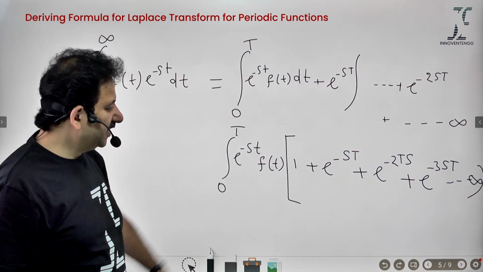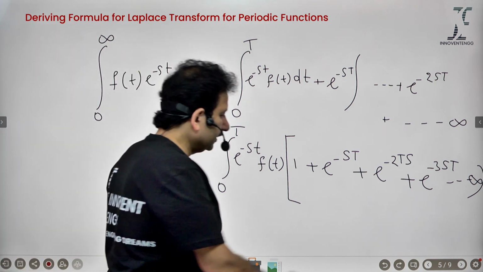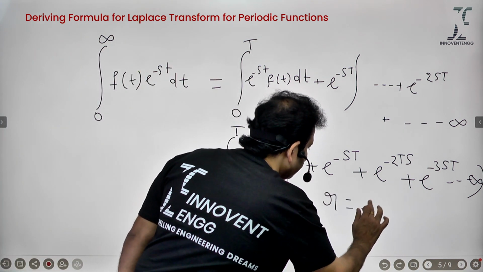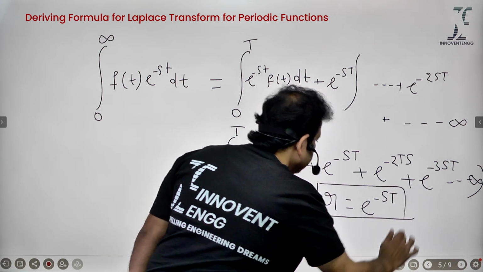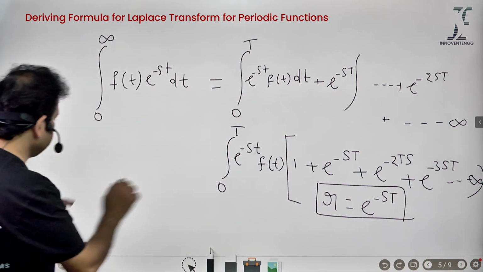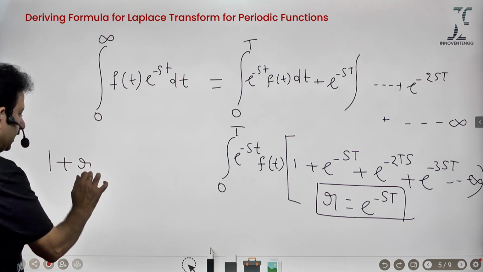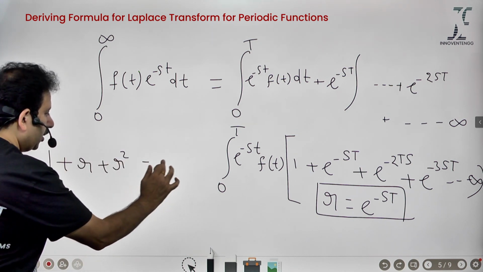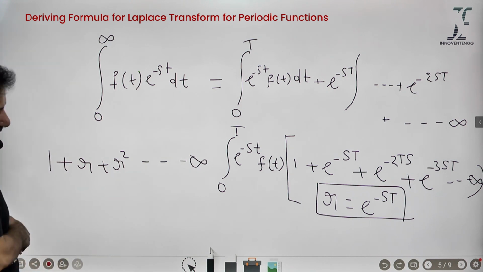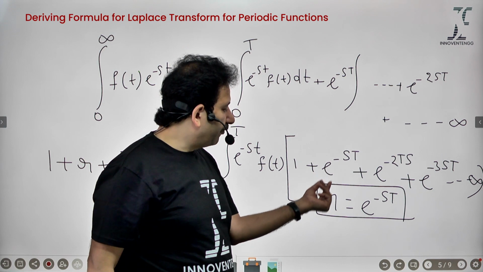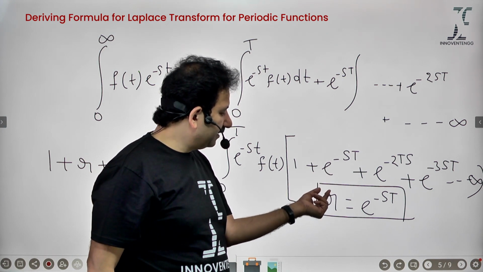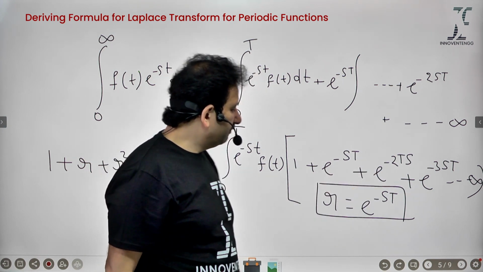So this is a geometric progression where r is equal to e power minus sT. Just compare that, 1 plus r plus r squared up to infinity. Right? This is a typical geometric series. This r is of course 1 by e power sT, that means it is less than 1, and it is going up to infinity.